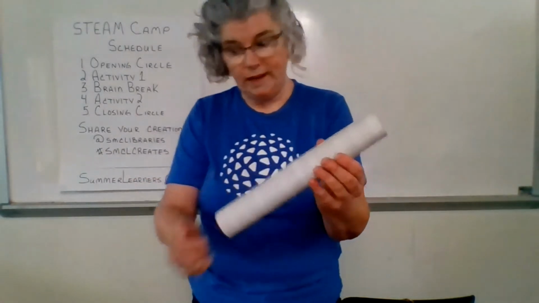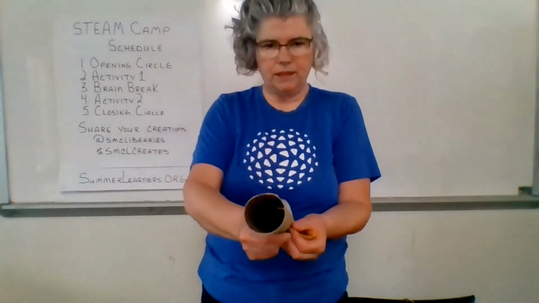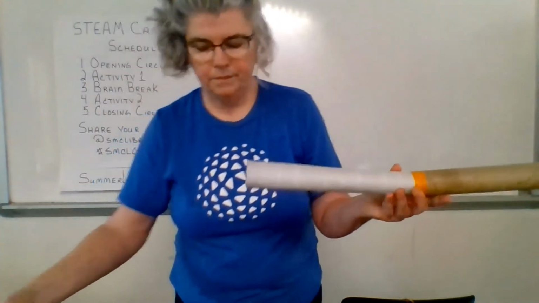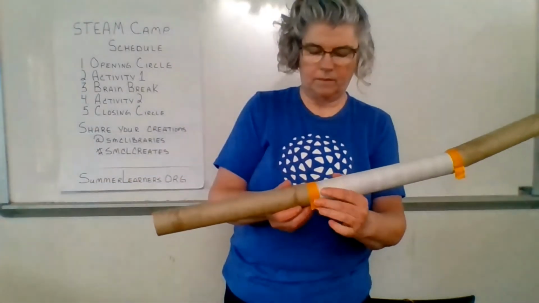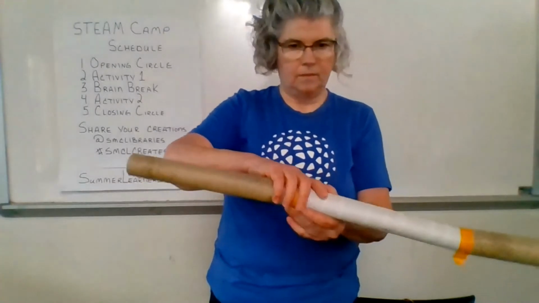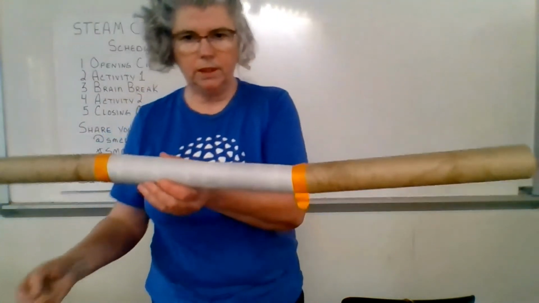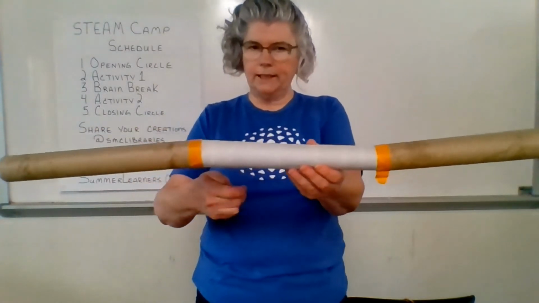So your challenge is to take a whole bunch of tubes and tape them together. Okay, and then when you put them on the table, oh, look at Ms. Wiz, her tubes aren't exactly straight.